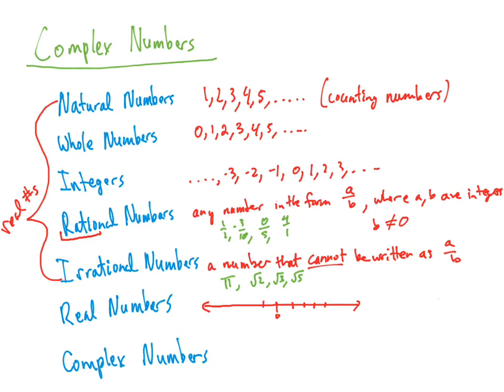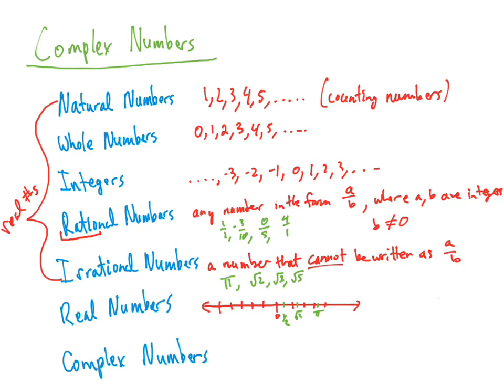The integers, well, that's just going to be the negatives. The rational numbers, so 1/2 might be right here. Pi, well, pi is a little bit more than 3. Okay, square root of 2 is between 1 and 2. Okay, so all these numbers we can say have an address on the number line.